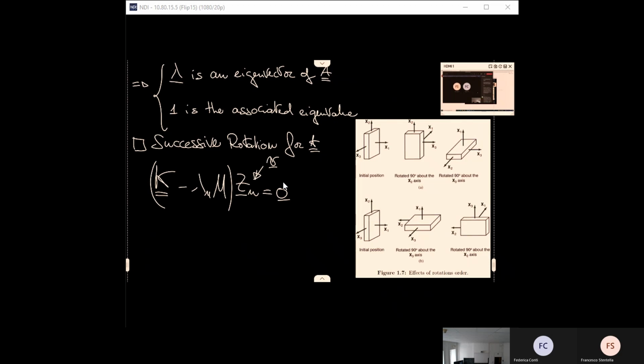Otherwise, you can basically solve this one, divide by k, and you have something like this, to the -1 applied over zeta n.